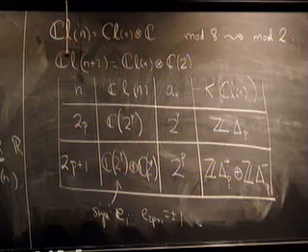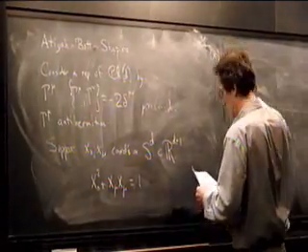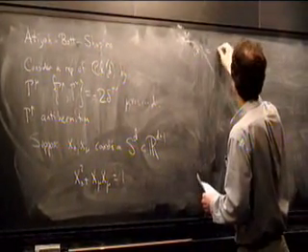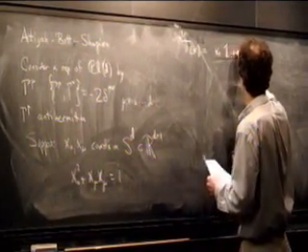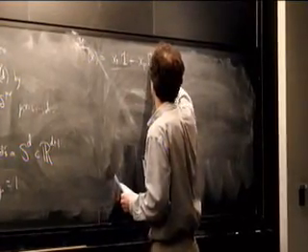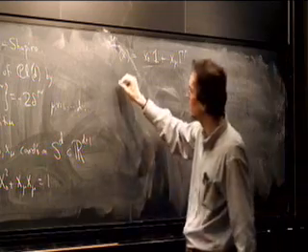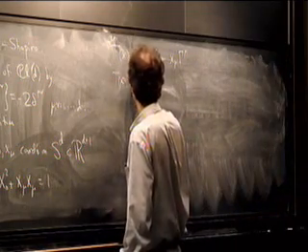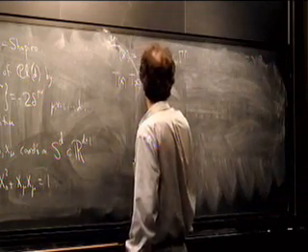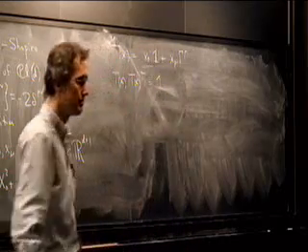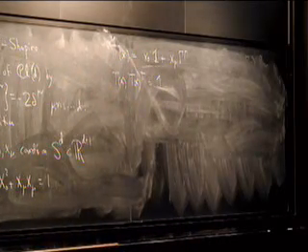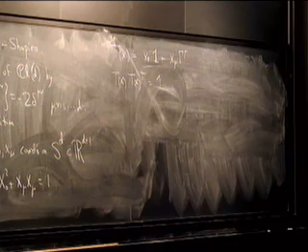Let us consider the function t of x, which is equal to x naught times 1 plus x mu gamma mu. Okay? I claim that t of x dagger t of x is equal to 1. Can you see why? Should I do that?